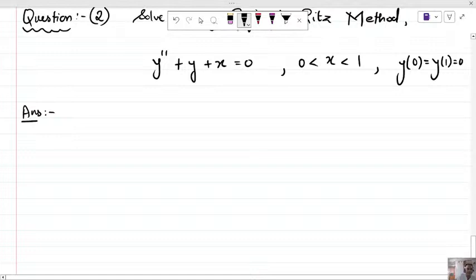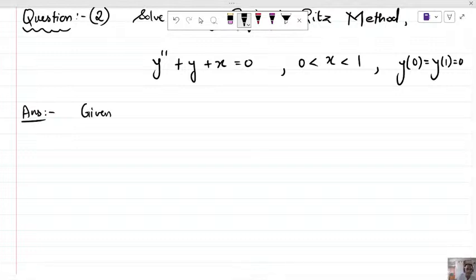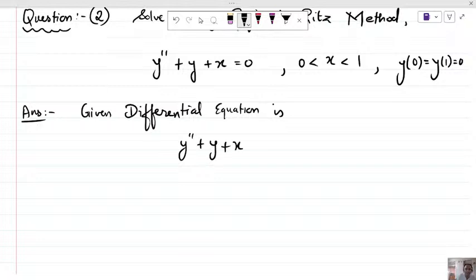Again we will write down here: the given differential equation is y double dash plus y plus x equals 0, 0 < x < 1, y(0) = y(1) = 0.